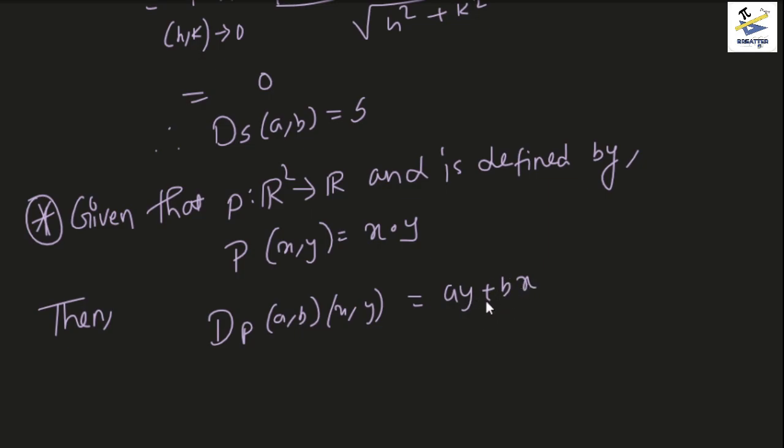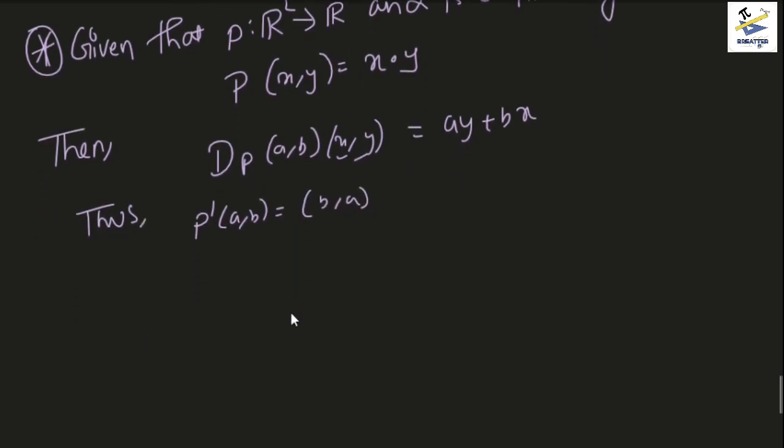So this is what we want to understand here. Thus P prime of (a, b) is basically the reverse, which is (b, a), where x and y are the coordinates. That's what we want to prove.